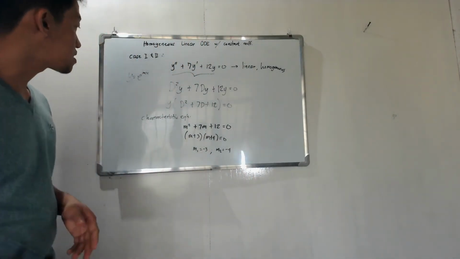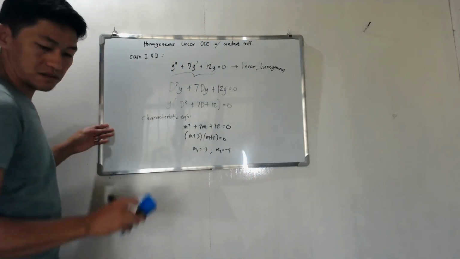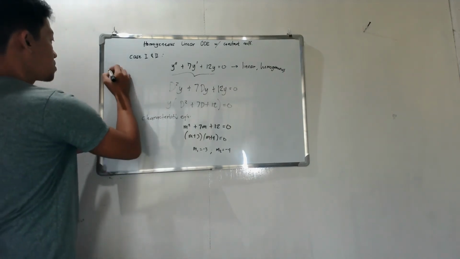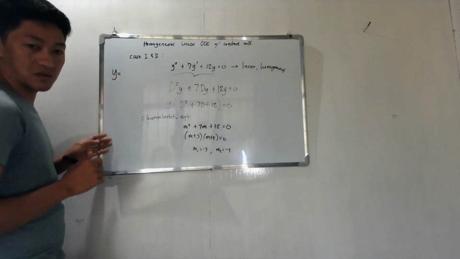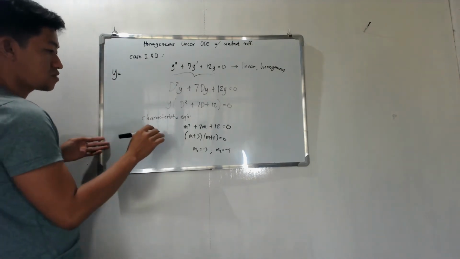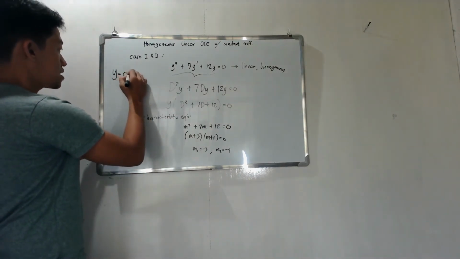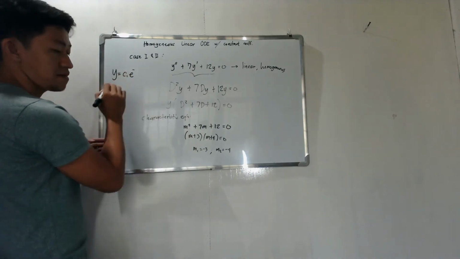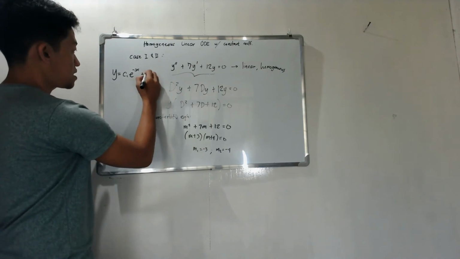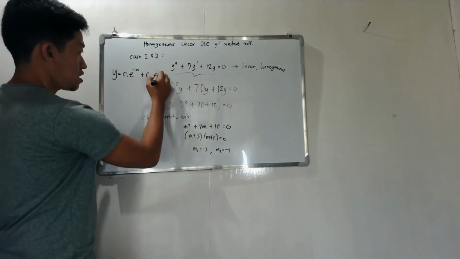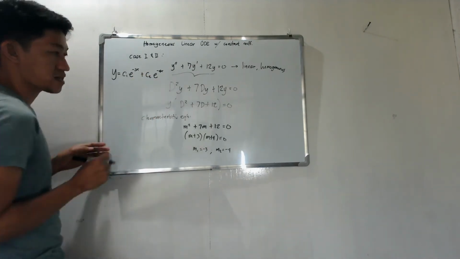Okay, so there is this one. Based on theorem number 2, your general solution will be y is equal to constant c1 e to the negative 3x plus c2 e to the negative 4x.